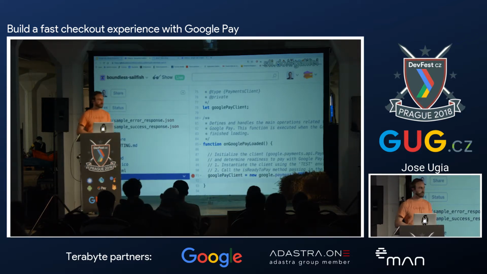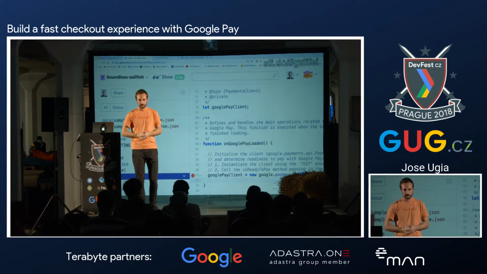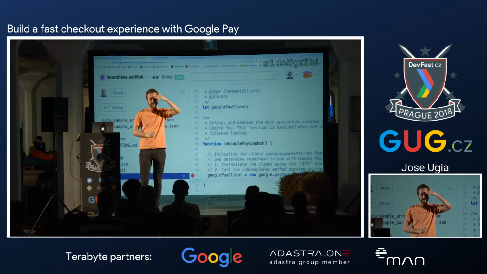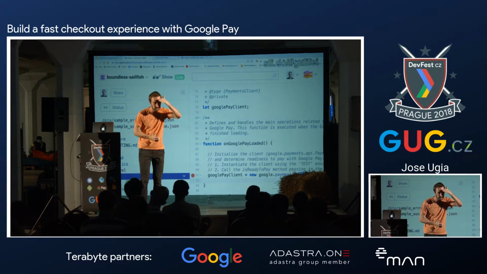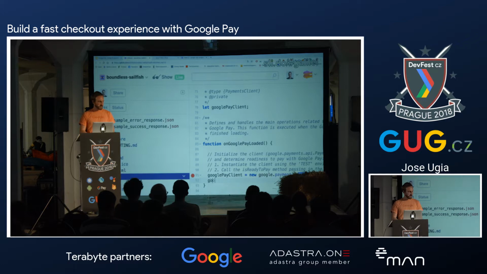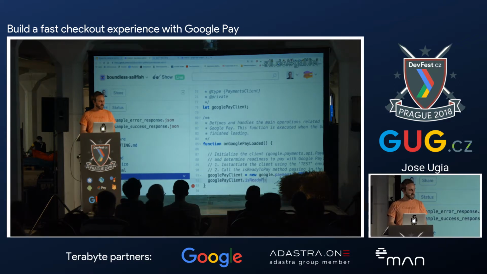What is the first thing that we need to do? Any ideas? What about knowing if the user can pay with Google Pay? Maybe? OK, let's call this API. We're going to use the payments client. I don't have autocomplete. How bad is that? isReadyToPay, so I need to know it by heart.